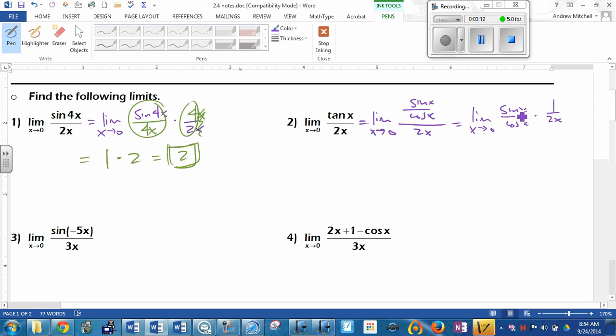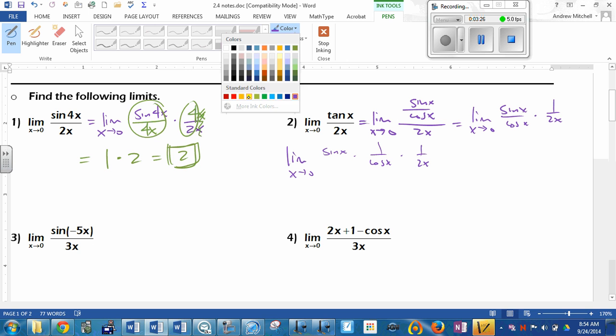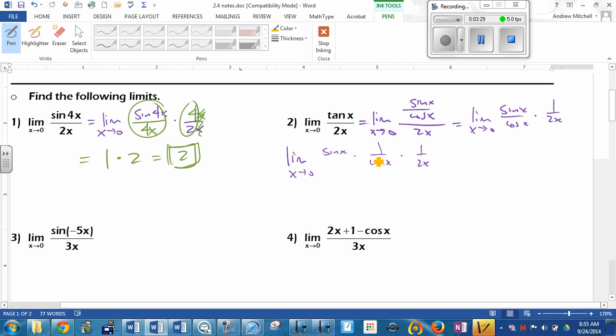But we still want to split things up a little bit before we start taking the limits of things and fixing things. So we have sine of x times 1 over cosine of x times 1 over 2x. Now remember, 1 over cosine, that's okay if we're doing the limit as x approaches 0, because cosine of 0 is 1.